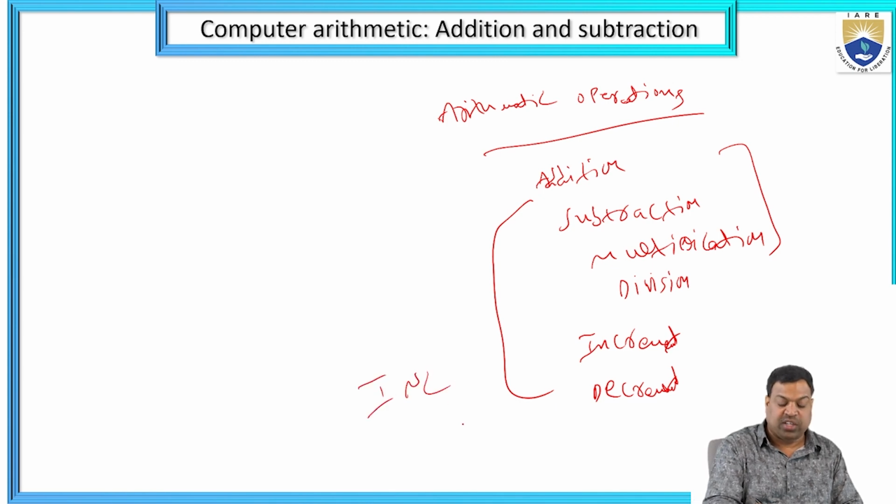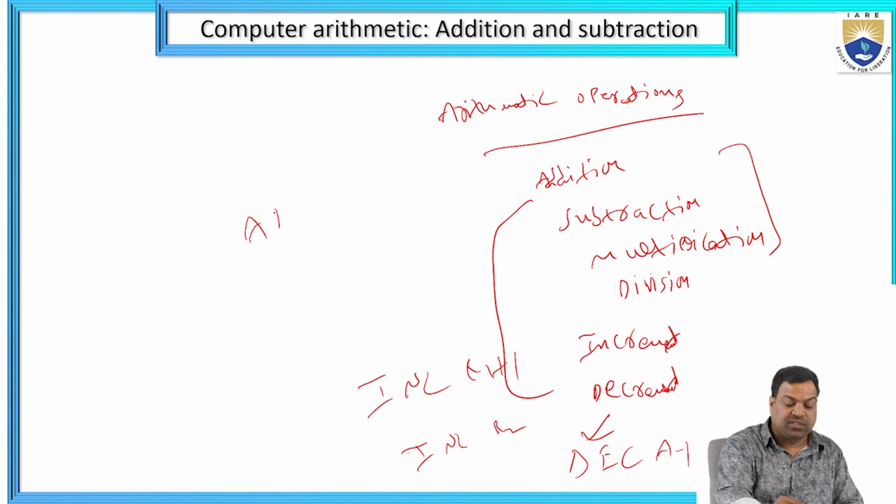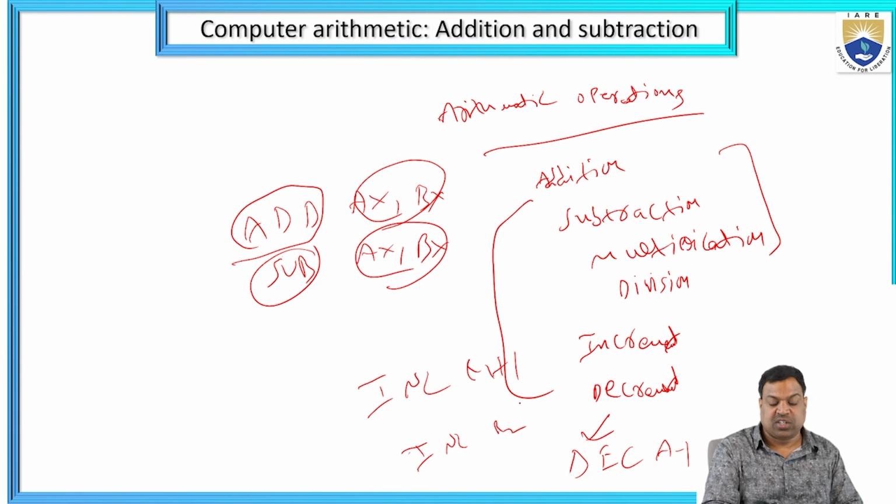Suppose I'm giving an instruction INC R1, so it will be incrementing R1. Similarly INC R2. If I'm going for the decrement, DEC A, that means the A register value will be decremented by 1. Increment means R1 equals R1 plus 1, and decrementing means DEC A, A minus 1. Addition means ADD AX, BX, and SUB AX, BX means we are subtracting the two registers.